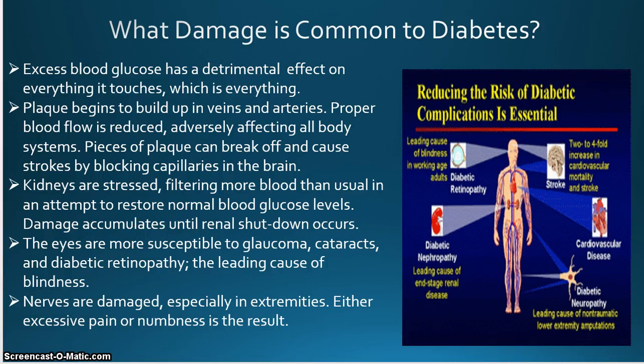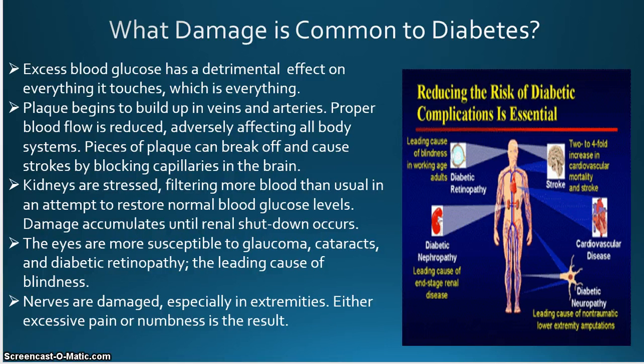Kidneys are stressed. They have to filter more blood than usual in an attempt to restore normal blood glucose levels. Damage accumulates until renal shutdown occurs. You can't live without your kidneys very long. Your eyes are more susceptible to glaucoma, cataracts, and diabetic retinopathy, which is the leading cause of blindness in diabetics.